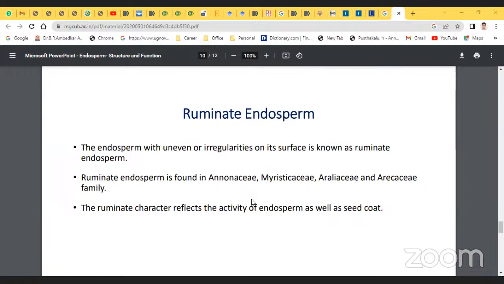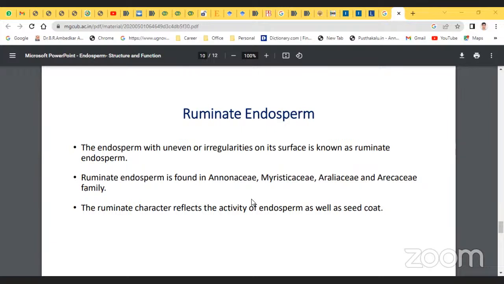The endosperm with uneven or irregularities on its surface is known as the ruminate endosperm. The ruminate endosperm is found in the Annonaceae, Myristicaceae, Araliaceae, and Ericaceae families.